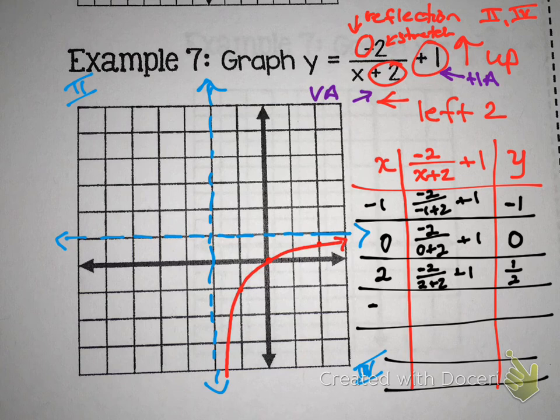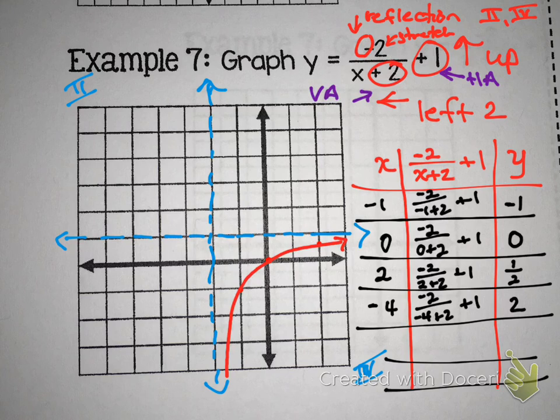If I put in some other points here, let's see, I was looking for the other side. If I put in a negative 4, you have negative 2 over negative 4 plus 2, so that would be negative 2 over negative 2, which would be a positive 1, plus 1 is going to be 2.